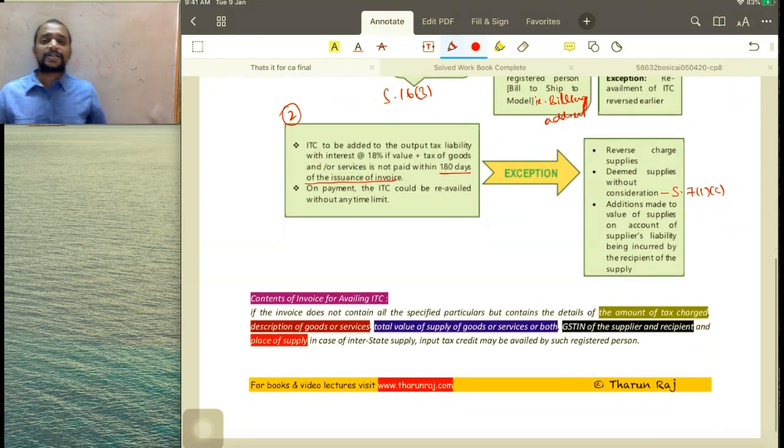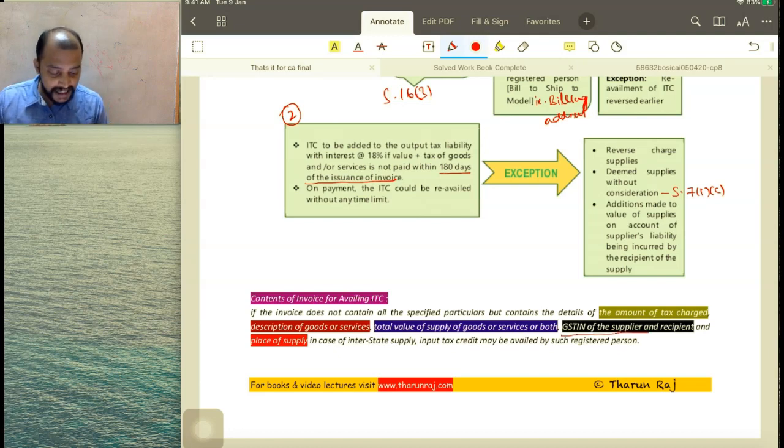Then, contents of the invoice for availing ITC. See, you should be in possession of a tax invoice. But in that tax invoice, if these details are there, that is sufficient. It need not have all the contents. If these minimum details are there, you can still take the ITC. What are those contents? First, it should have the GSTIN of the supplier. Second, the GSTIN of the recipient.